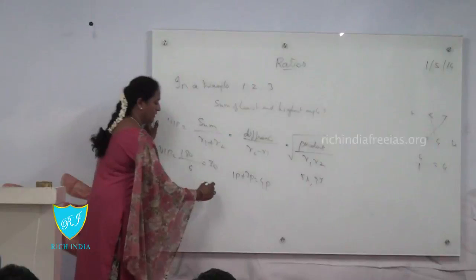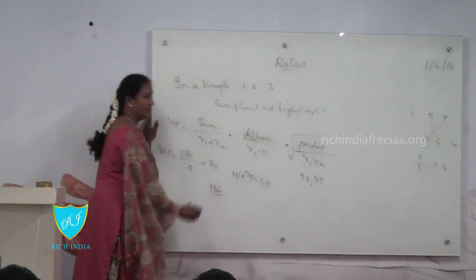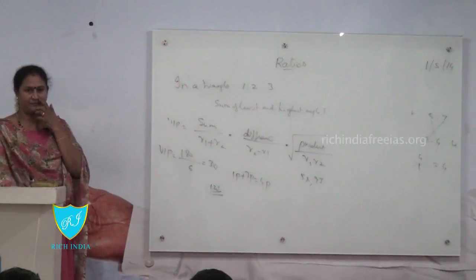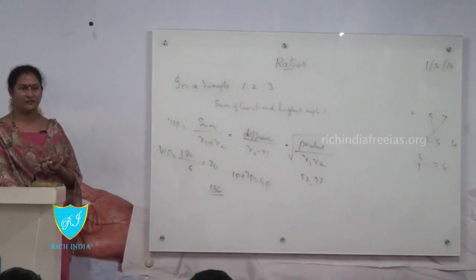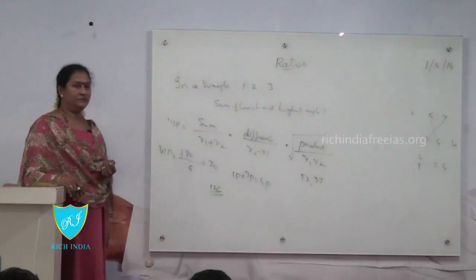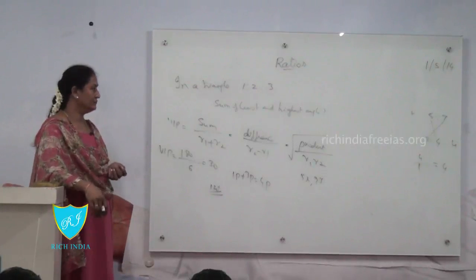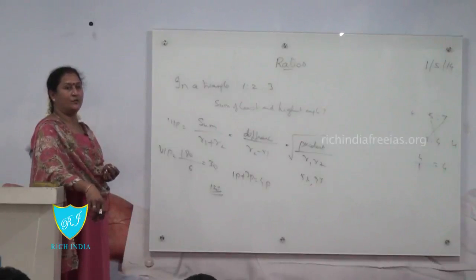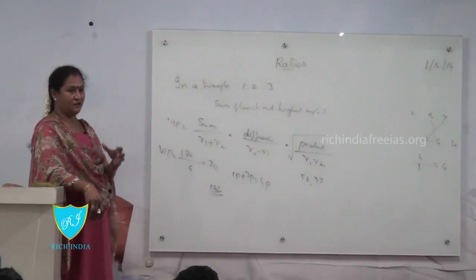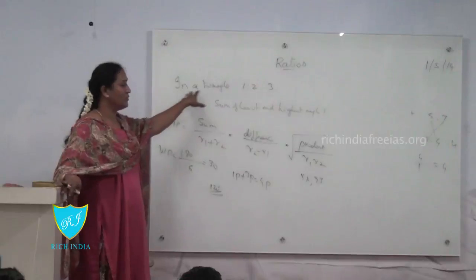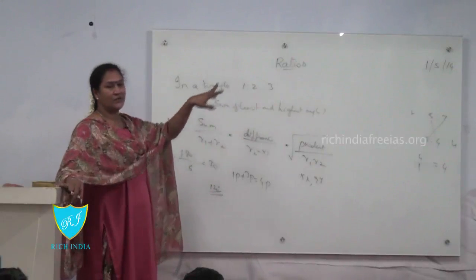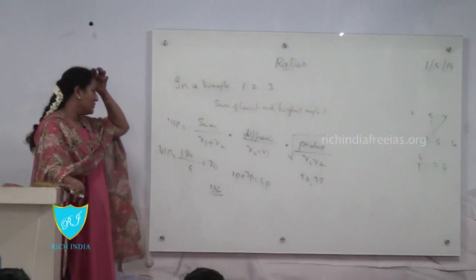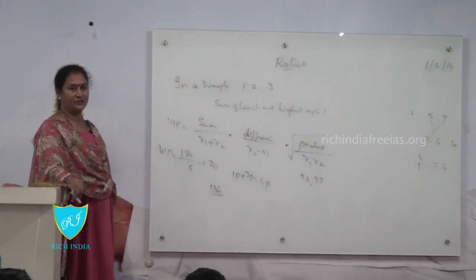So 4 into 30 120, the total sum. புரியுதா? So angles ratio 1:2:3 னா அந்த 120 ஆன split பண்ணிருக்காங்க இந்த ரேஷியோ, so total வந்து 180. Understood? Okay.